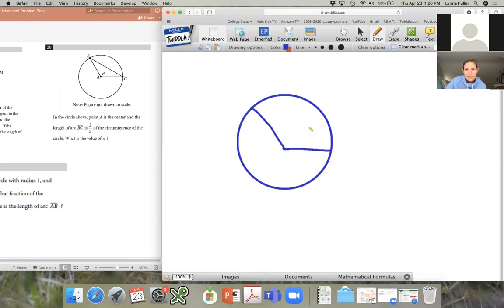You'll notice that they drew a triangle inside our circle. So BC is 2/5 of the circumference of the circle. What is the value of X? Well, X is a degree.